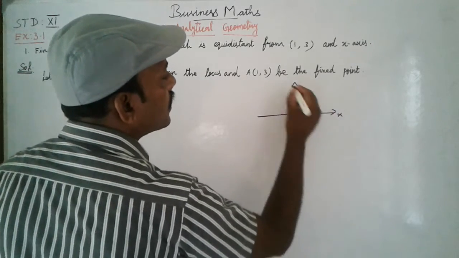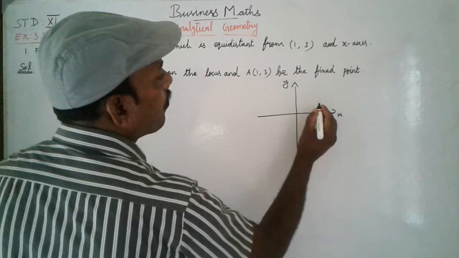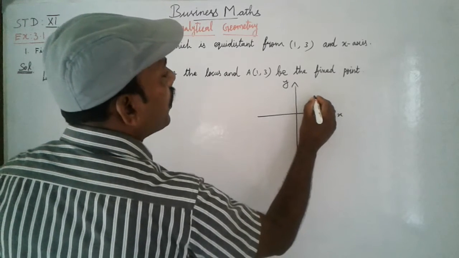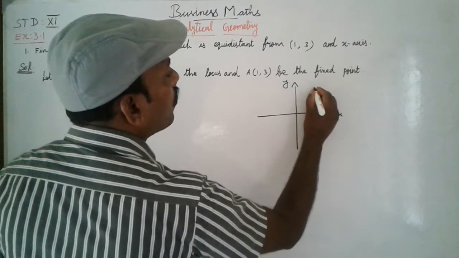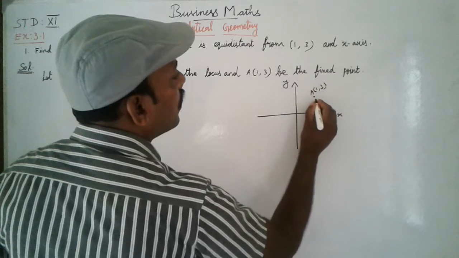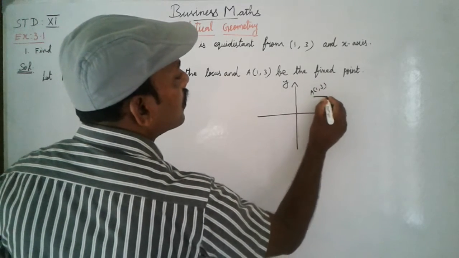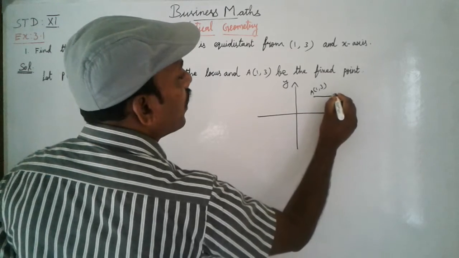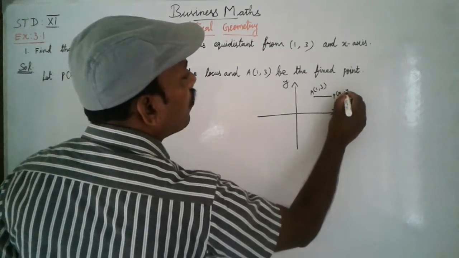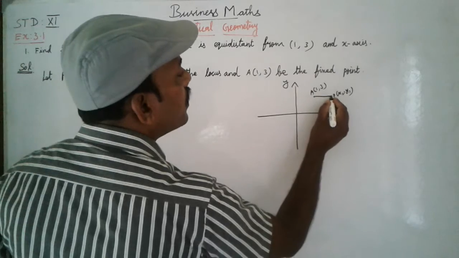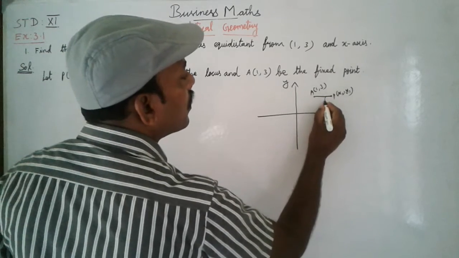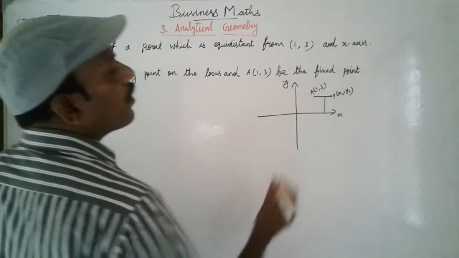So we take the x-axis and y-axis. Any point A of 1, 3 is the fixed point, and the locus point is P of x1, y1. It is at equal distance from the x-axis.